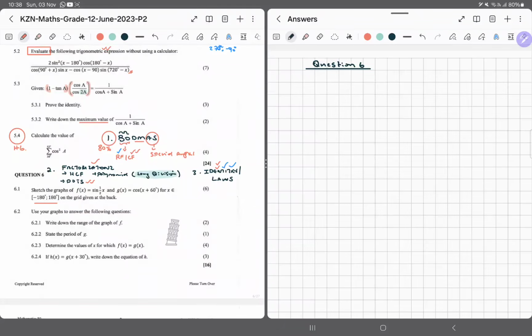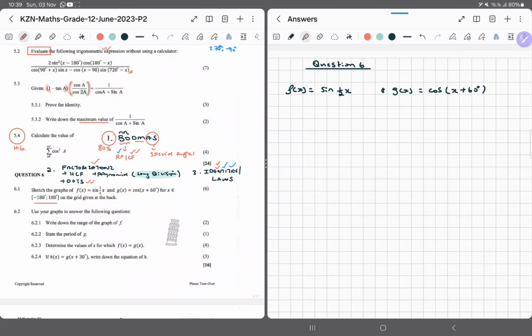Okay, not a problem. So what do we have? F is equal to the sine of a half x, and G is basically cos of x plus 60 degrees. Okay, not a problem.